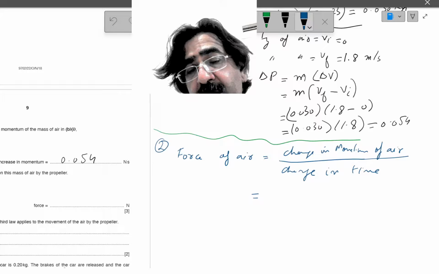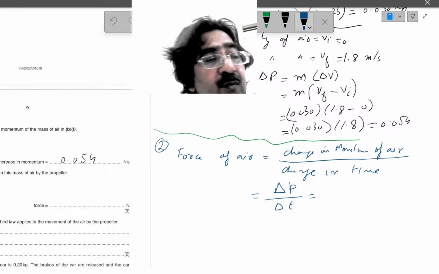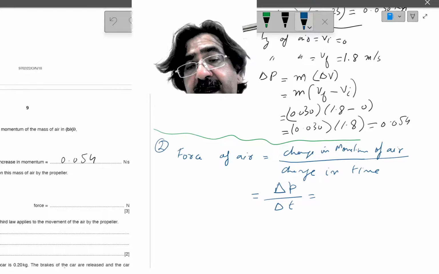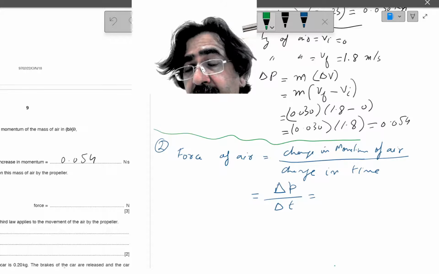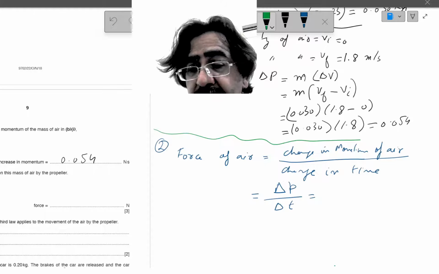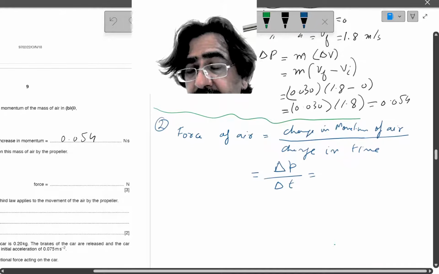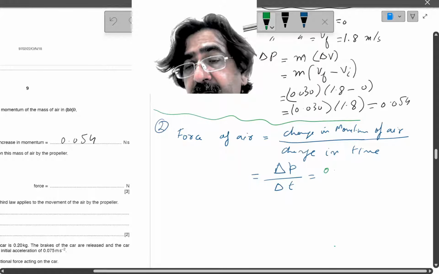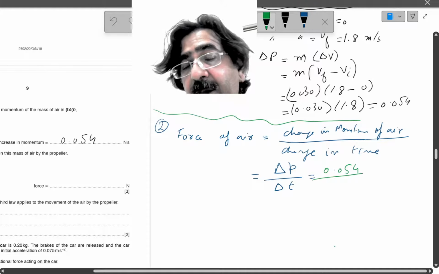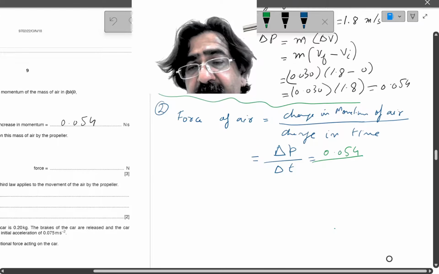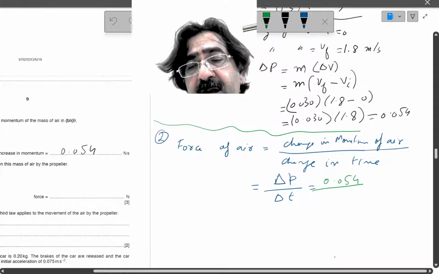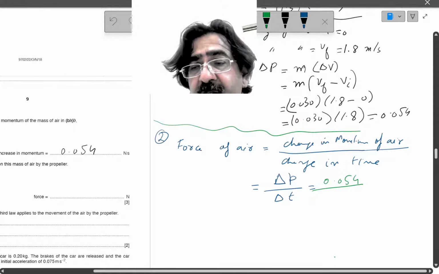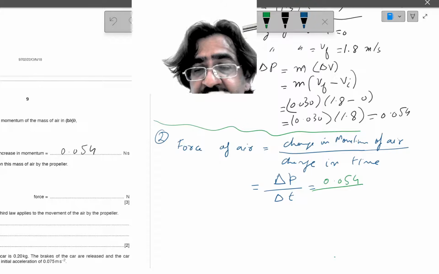So force equals delta p over delta t. The change in momentum I have already calculated, that is 0.054, divided by the time, which was 2 seconds, because we are calculating for 2 seconds.